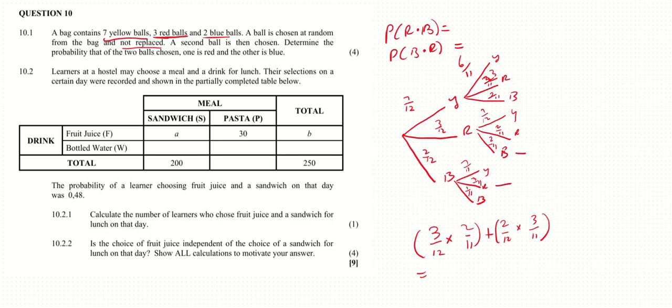So what is the probability here? It's 3 over 12 times 2 over 11, plus 2 over 12 times 3 over 11.